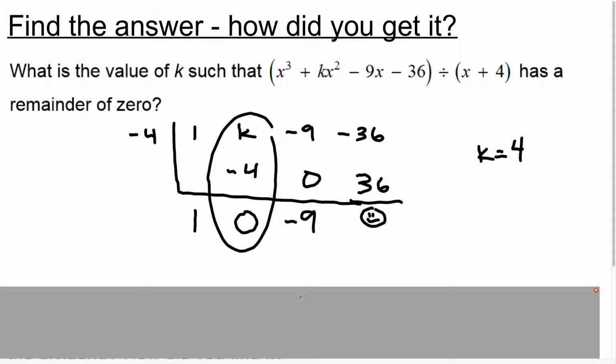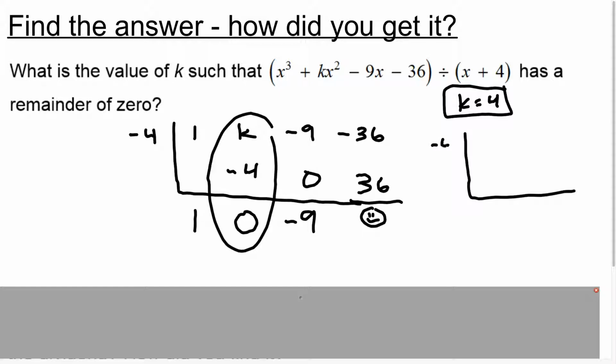I saw some people who did it a little bit different, and I like what they were doing. I'm going to erase this k equals 4, put it up here, so k must be equal to 4. Instead of using the backwards part of this and saying it was equal to 0, they were doing synthetic division, so 1 times negative 4, so this is k minus 4 times negative 4 is negative 4k plus 16, which is negative 4k plus 7.